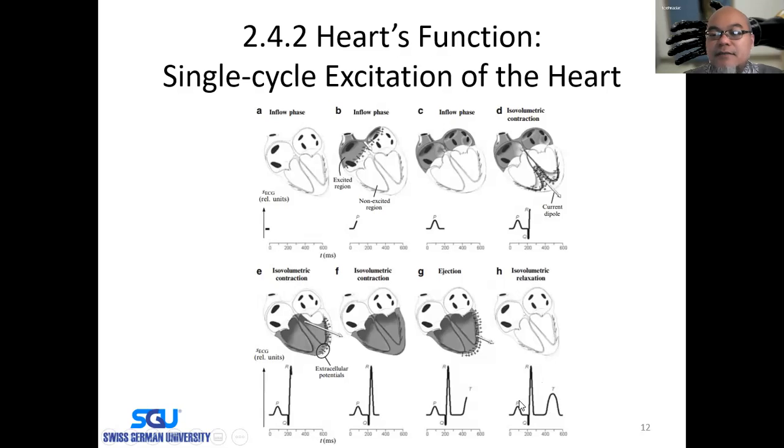So P in the upper part, then Q in the lower, bottom part before it jumps to R, the peak, then S, then T, the peak, before the one cycle ends. So here is the beginning, what we call the inflow phase.